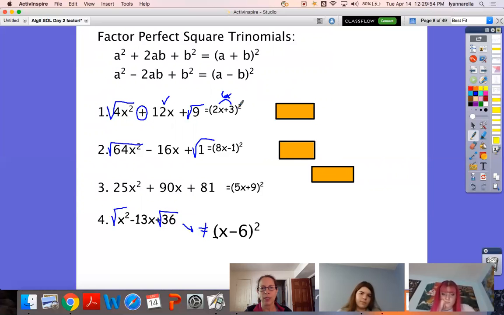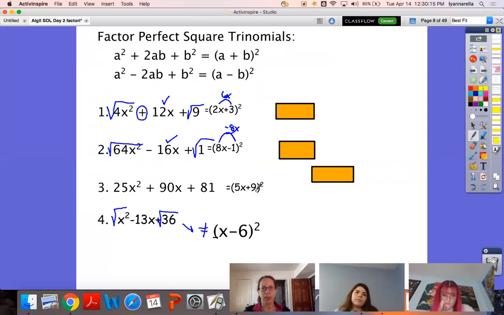So I just say, well, I need two of these. The square root of 64x squared is 8x. The square root of 1 is 1. The middle sign is negative, so I use that here. If I say 8x times negative 1, I get negative 8x. And if I double negative 8x, I get negative 16x, which is this middle term.